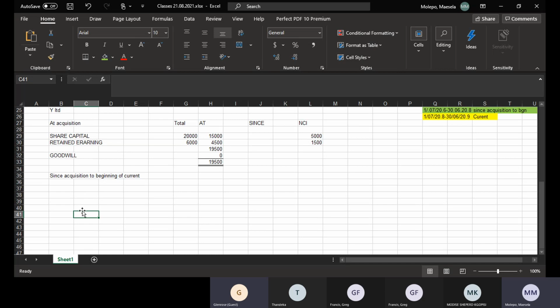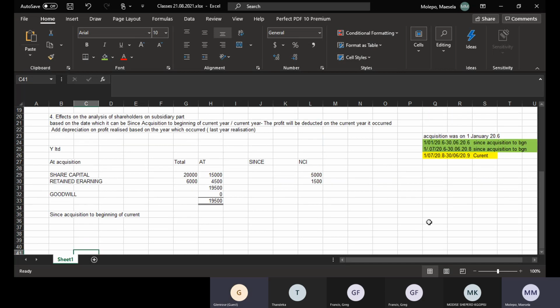So anything that happened between the period of 1 January 2006 after the acquisition to the 30 June must fall here. So our acquisition, our purchases of the machinery, happened on 1 January 2008.